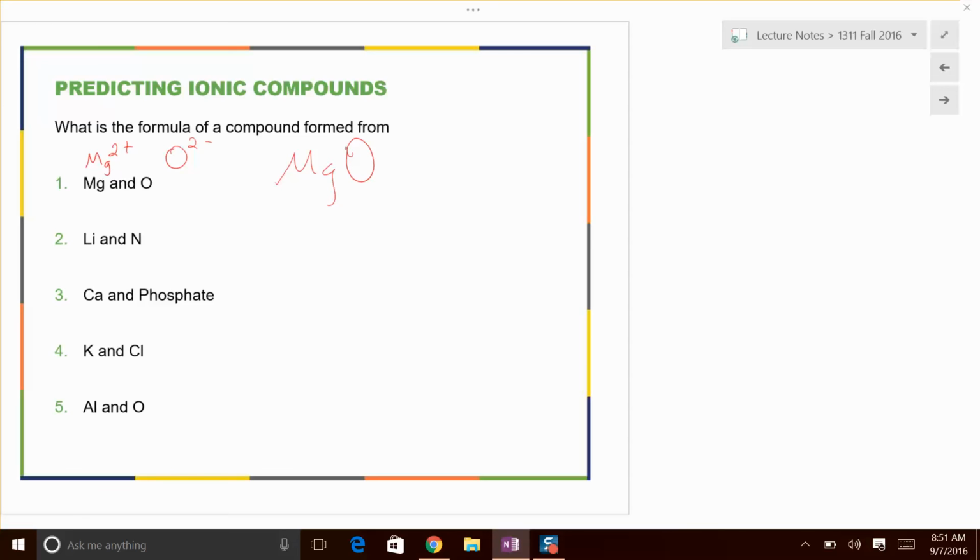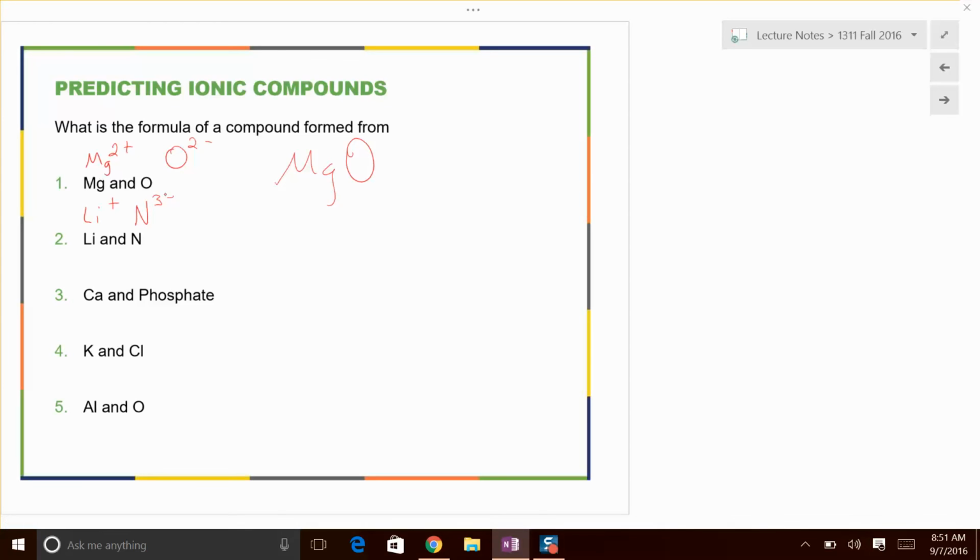How about between lithium and nitrogen? What's the charge of Li? +1. And nitrogen? 3 minus. Does everybody see that?